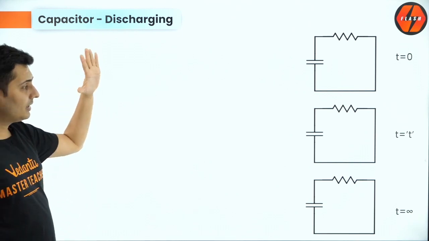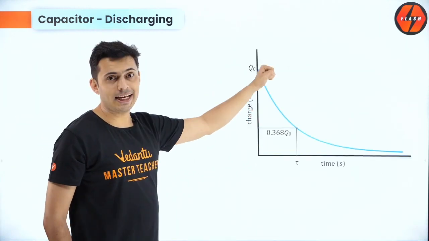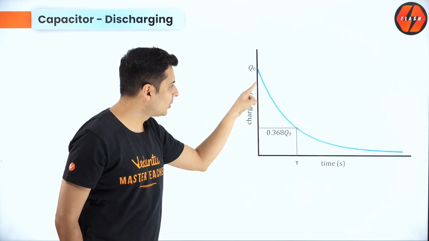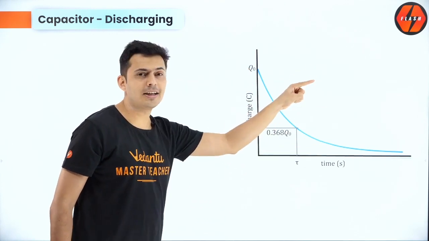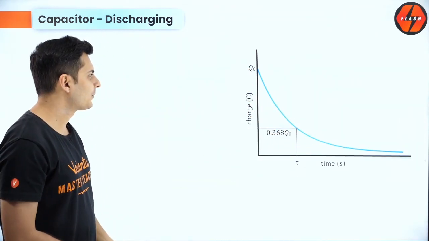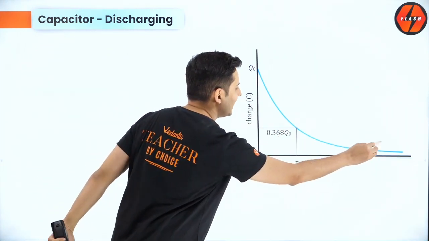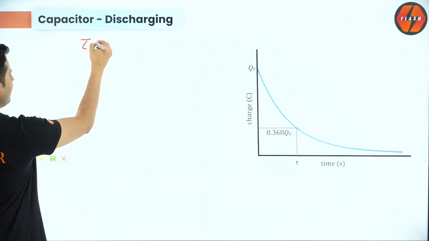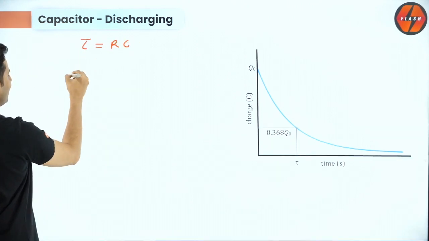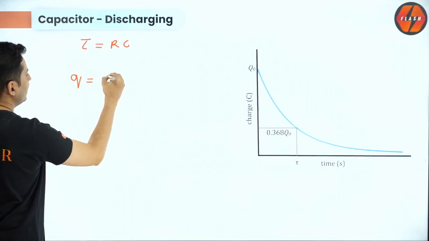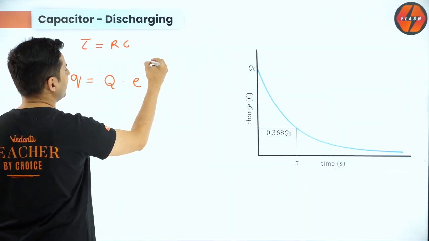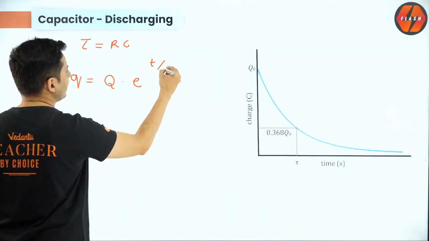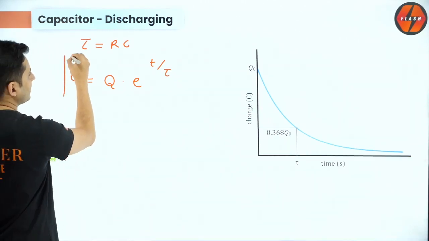Now, what will the charge look like as a function of time? It will slowly decrease till it eventually becomes 0. So this is how the function looks. And again, I can define the time constant as RC. So my equation will look like initial charge into e to the power minus t by tau, where instead of RC you put tau, the time constant.